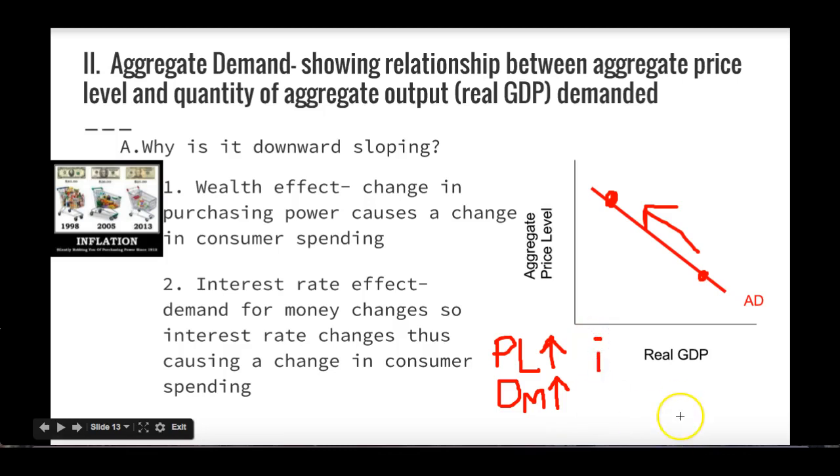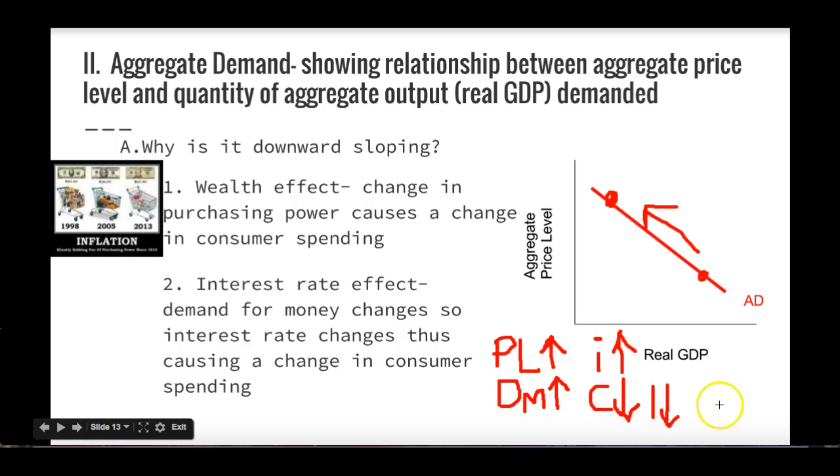If everybody wants money, oh my gosh, they're going to have to charge more. So the interest rate is also going to go up. And we already talked about this in the last video: as the interest rate goes up, what happens to consumer spending? Consumer spending is going to go down, just like investment spending is going to go down.